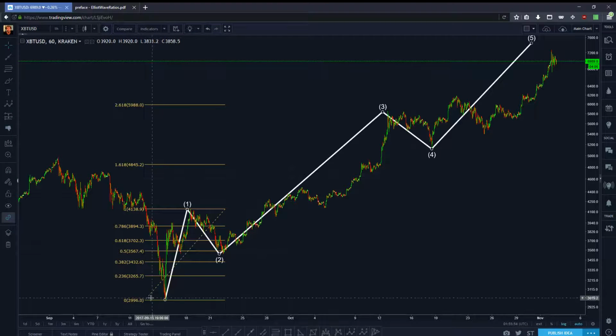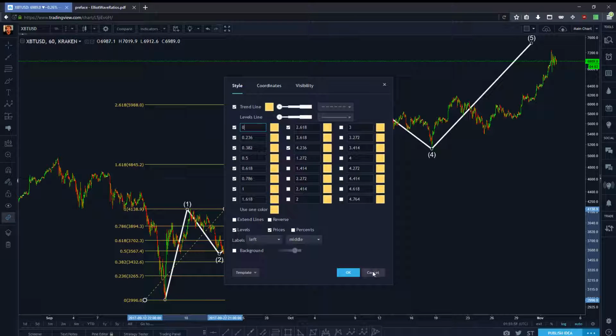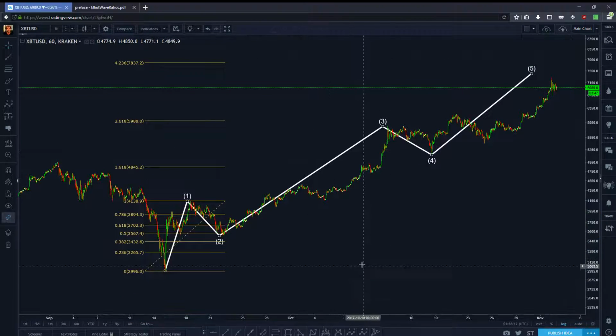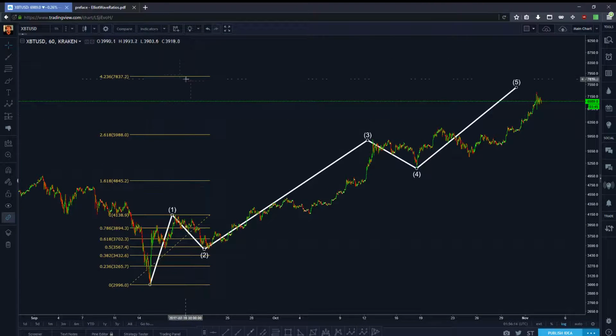Of course, we have the length of wave 1 already drawn out with extensions, and we have our 1.62, 2.62, and 4.25 already checked off here and present. So there they all are, and we'll be referring to these in the future, potentially.